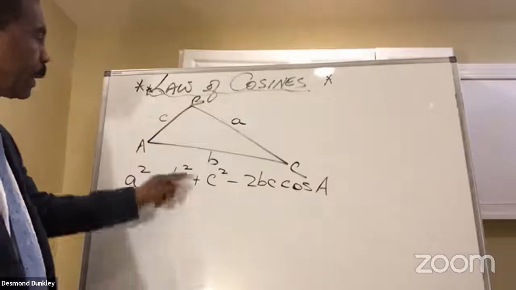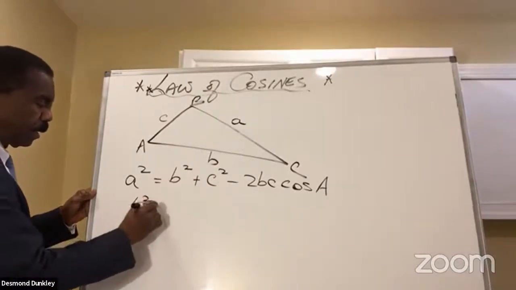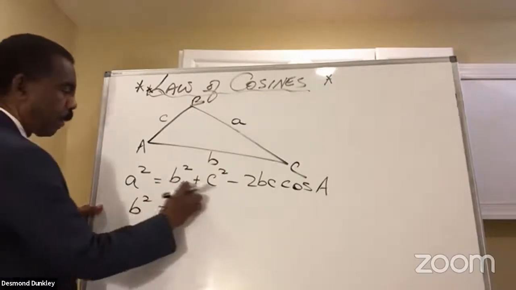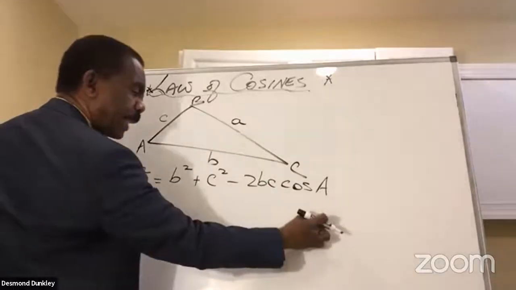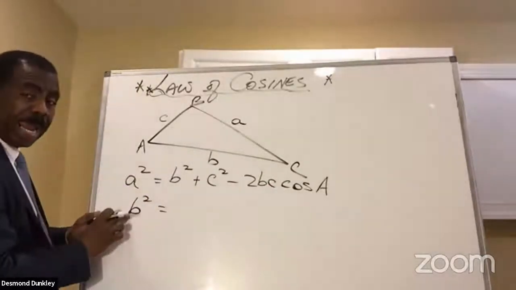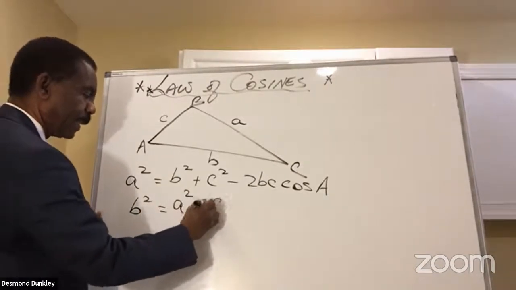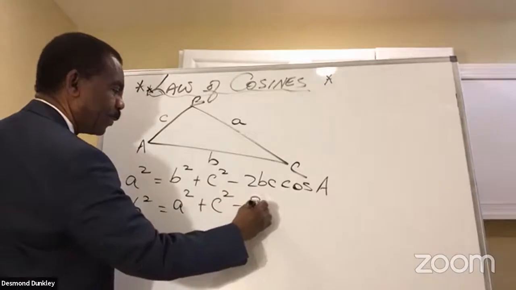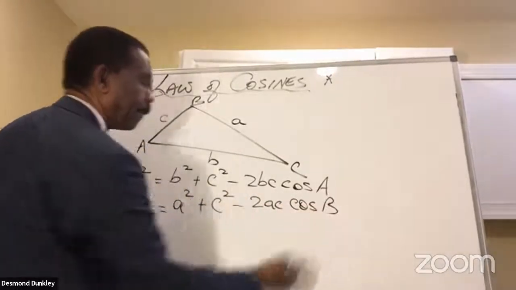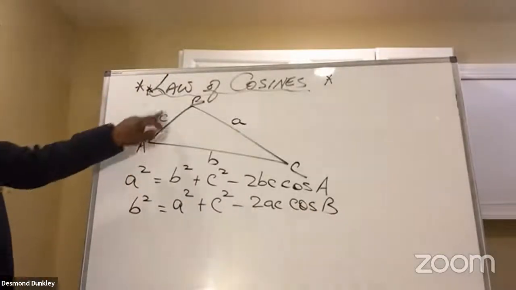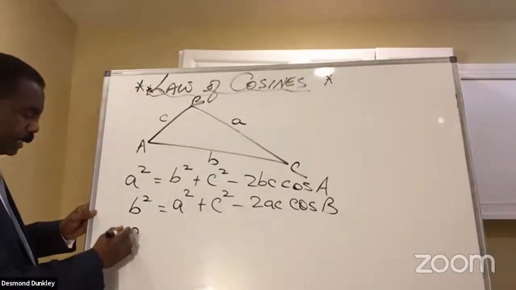And the same principle applies if we used another side. For example, b squared is equal to, this part will always be the other two sides, and then we'll always end up with cosine angle B. So it's going to be a squared plus c squared minus 2ac cosine B. And finally, if we're talking about starting with side C, then we could write c squared.